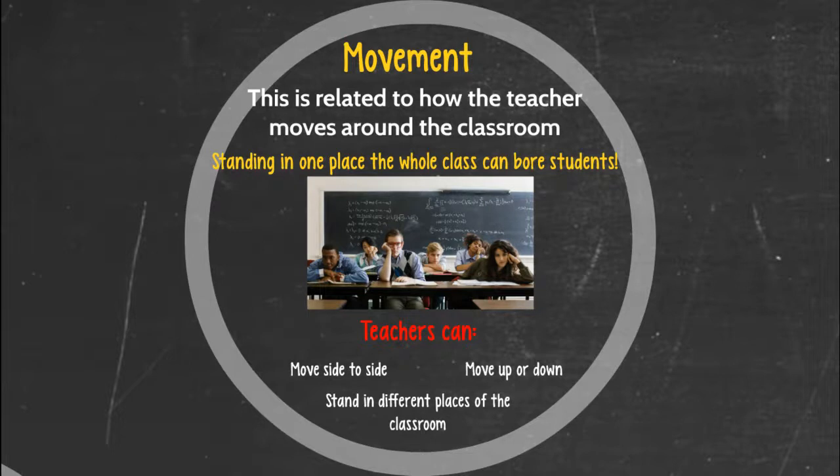This can be done in every class that you have, but you have to be very careful not to overdo the moving, because if you move too much, then you might distract your students and they won't be focusing on what you're saying, but they will be focusing on your movement. So you have to once again find a balance.